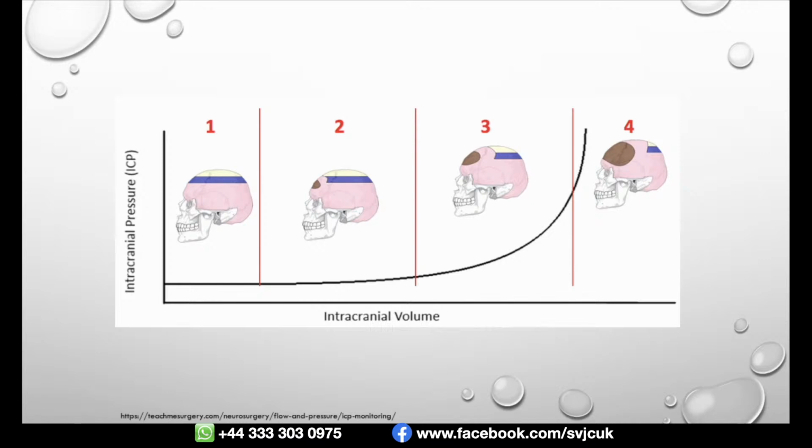As you move along to the right, you start to see a little brown spot appearing, so you've got a mass, which is an addition to the components which are normally in equilibrium. So the pressure starts to increase. As this mass gets bigger, it increases the pressure further, and then it reaches a point where a small increase in size of the mass leads to a large increase in intracranial pressure.